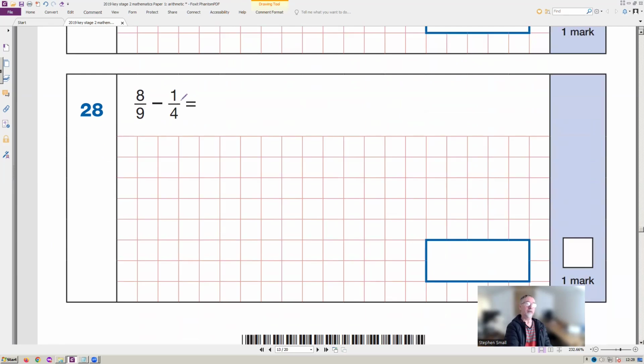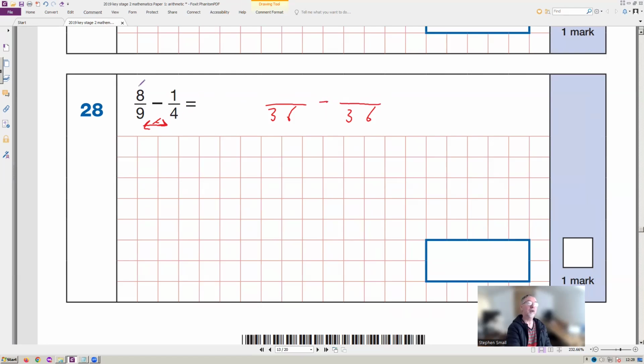8/9 is bigger than a quarter. I have to make them into the same denominator, and we're going to use the rule we did before. We're going to multiply these together, times them. 9 fours are 36. Minus.